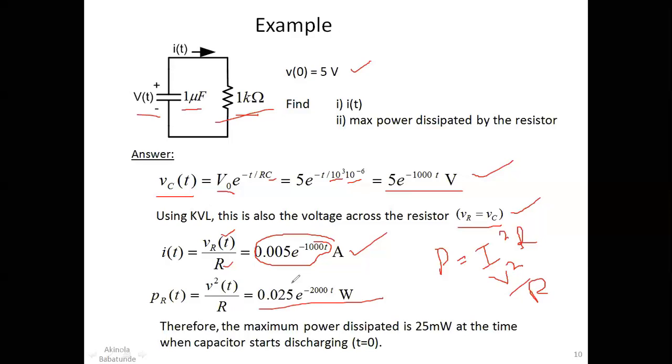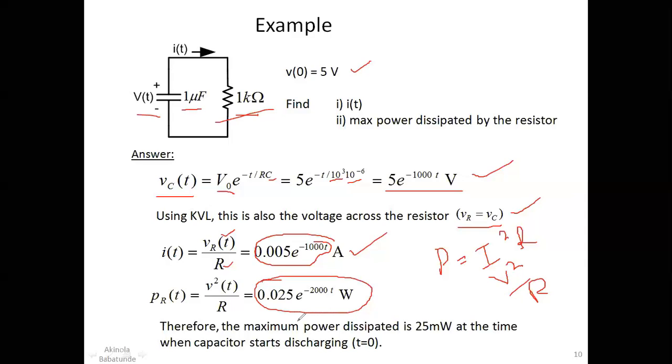Now, this is going to be the maximum power, by the way. This PR of t is going to be the power function. The entire expression here is a power function as a function of t.